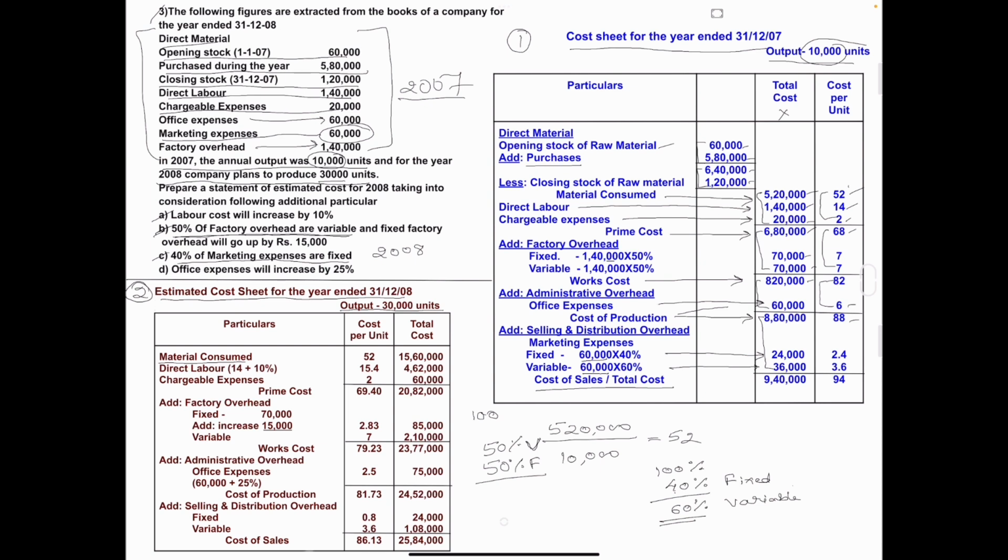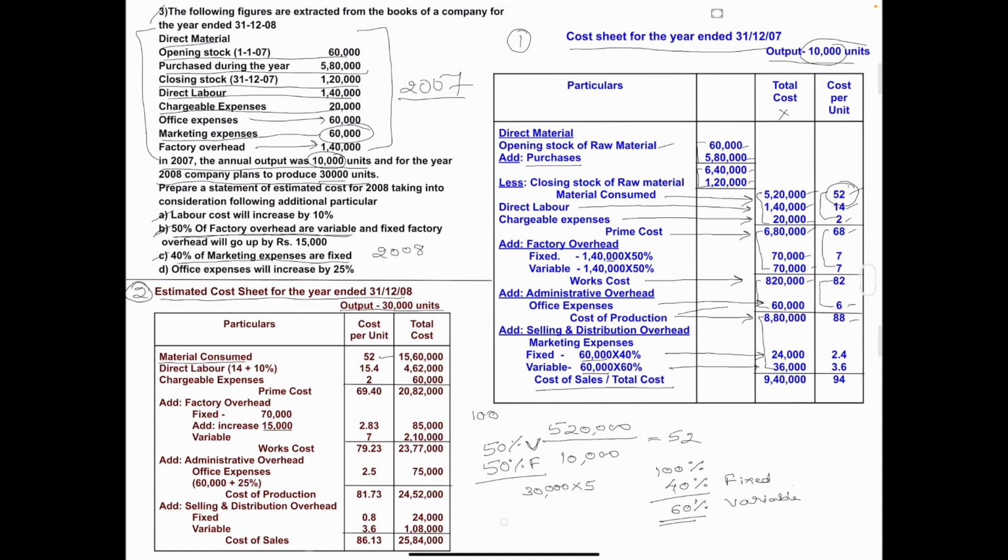So the material consumed cost per unit amount is 52. So in estimated cost sheet write 52. Material consumed cost per unit is 52. Now we have to get total cost. For that what we have to do? 30,000 into 52.